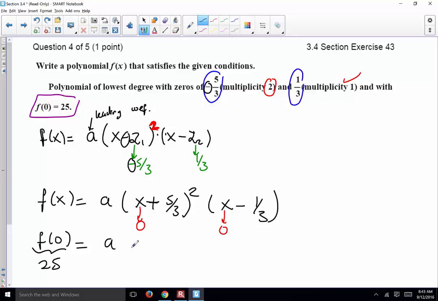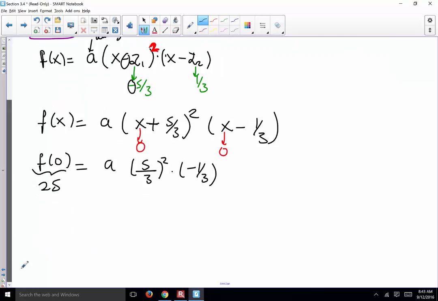So A times, this is 5/3 squared. This is negative 1/3. So 25 equals A times 25 over 9.